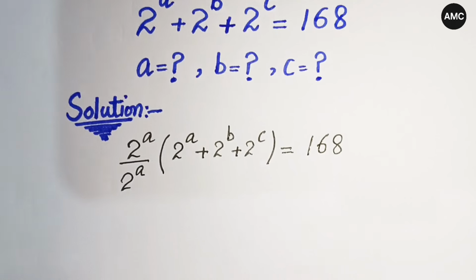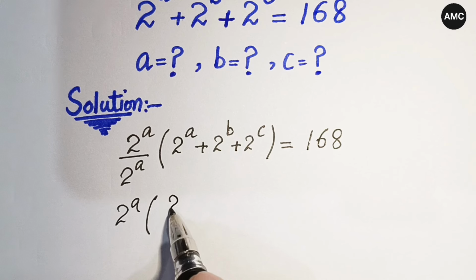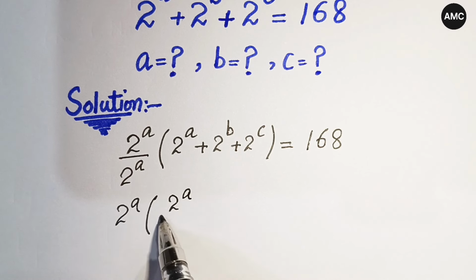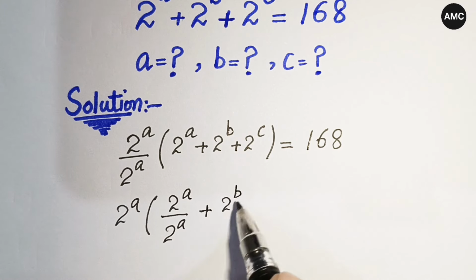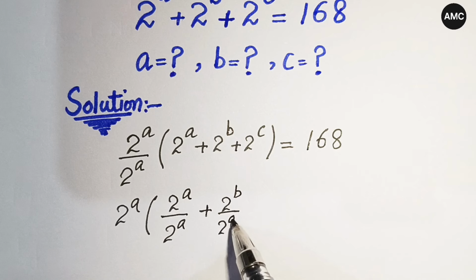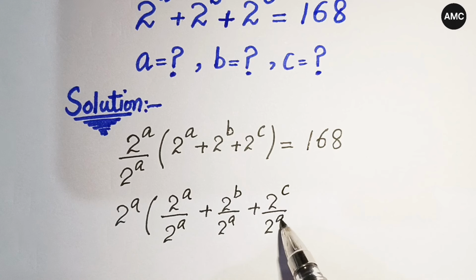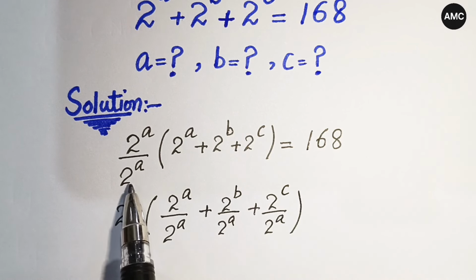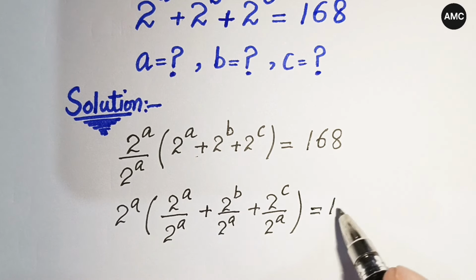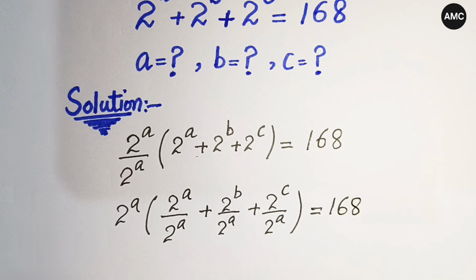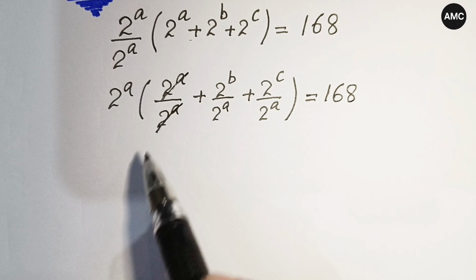Now 2^a times, here we have 2^a divided by 2^a, similarly plus 2^b divided by 2^a plus 2^c over 2^a. We have just divided 2^a with each term inside the bracket, equal to 168.